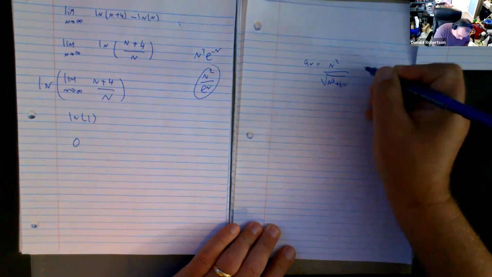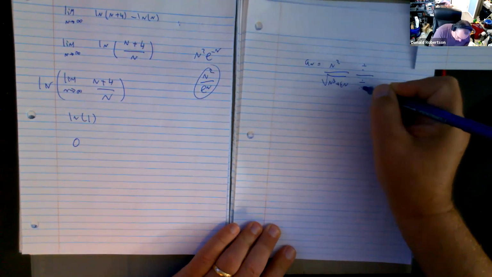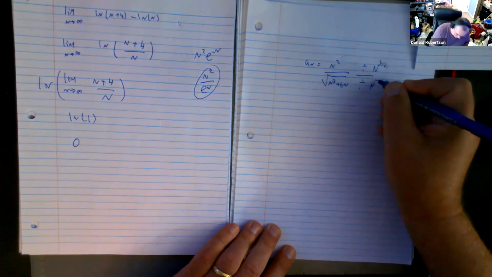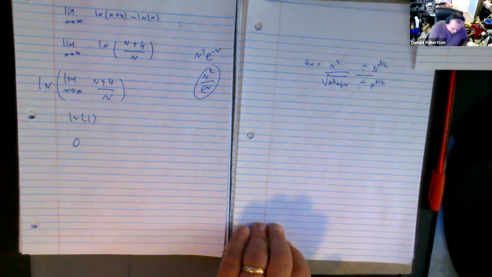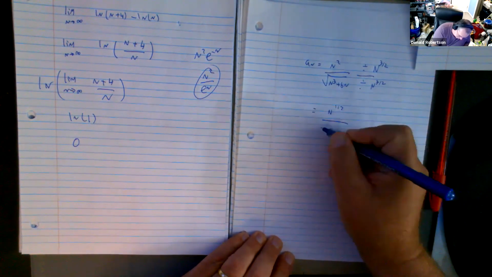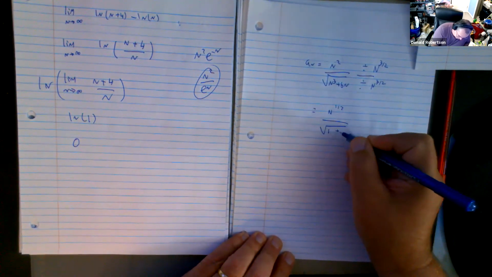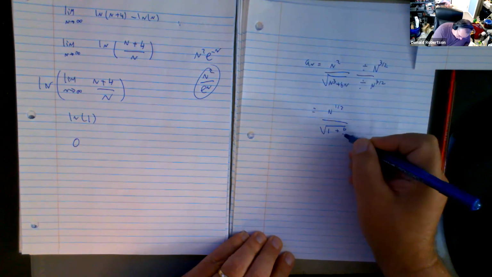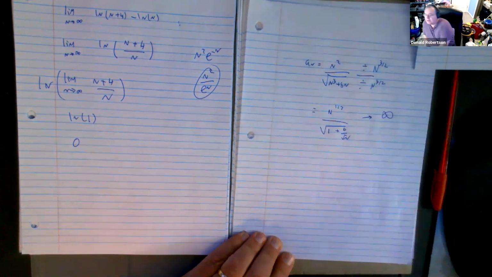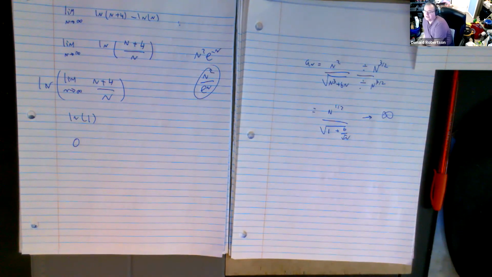I was going to divide the top and bottom like that. And that would have given me n to the half, and it would have given me the square root of 1 plus 6 over n to the half, which is that. And that would have eventually gave me infinity. So I would have got the same answer, but that's not obvious.